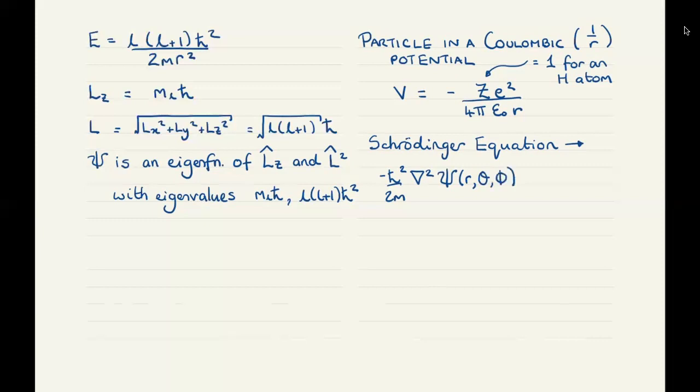Our particle is no longer confined to be on the surface of a sphere. It can also vary in position, in radius. And the potential is minus Z e squared over 4 pi epsilon 0 r, times psi of r, theta, and phi, equal to E psi of r, theta, phi.